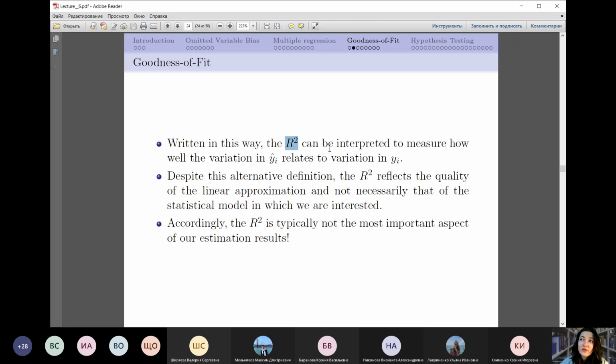So if you estimate some model and see that the R squared is not 0.8 or 0.9 or even 0.7, it doesn't mean that your model is bad. It could just mean that you have some problem with precisely estimating your betas. But you can compensate for this with a large sample size.